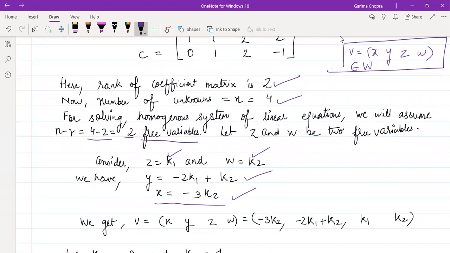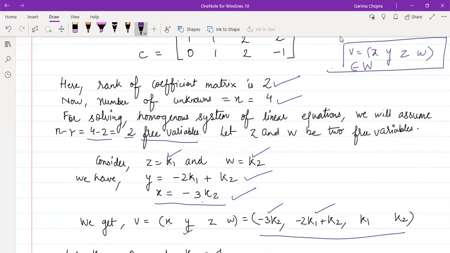So this arbitrary vector v having these 4 components, x, y, z, w, this arbitrary vector v of W, the orthogonal complement, can be written in this form. Here we have put this x, which is minus 3 k2. We have put here this y, which is minus 2k1 plus k2.